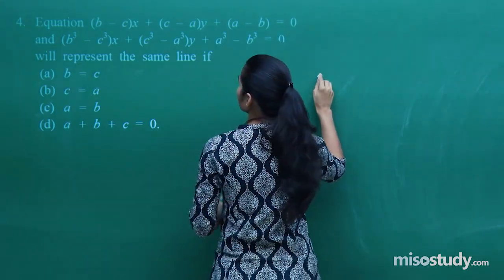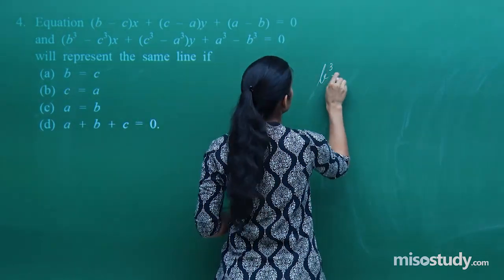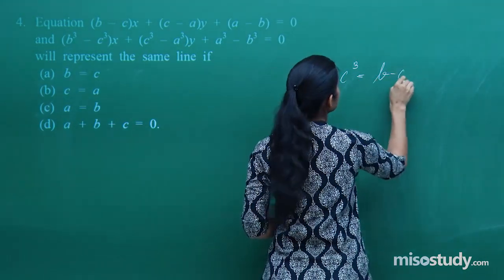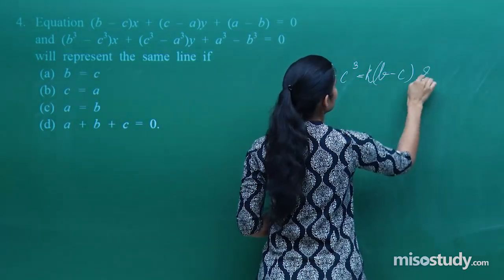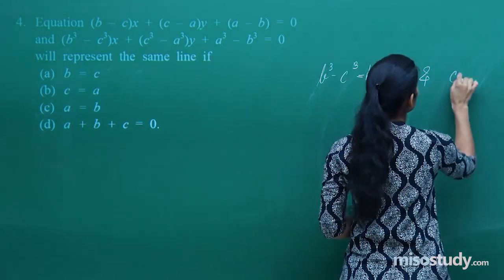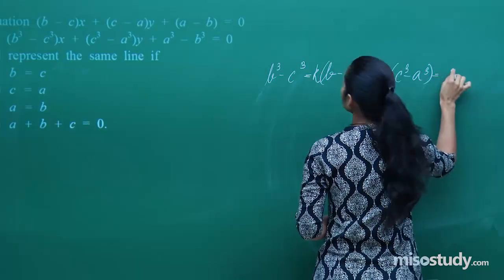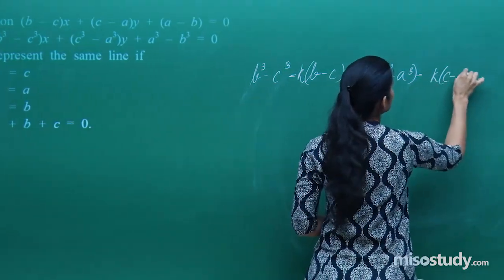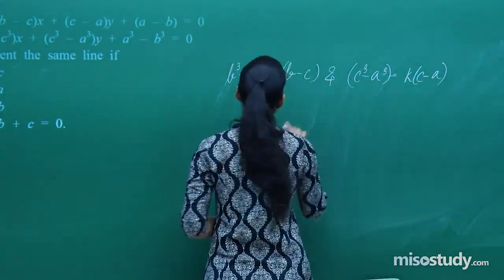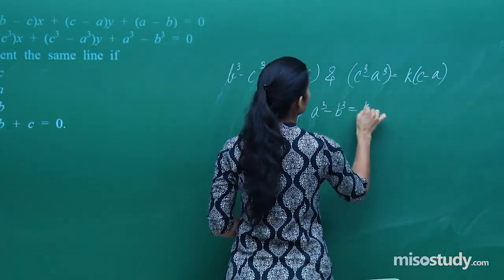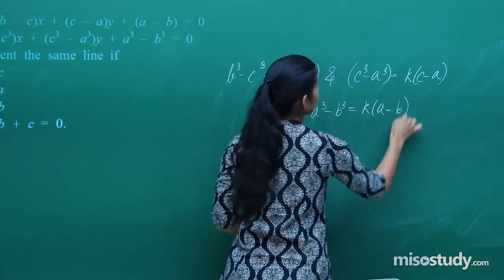What is that? b cube minus c cube should be equal to b minus c k times, and c cube minus a cube should also be proportional with the same constant to the other coefficient of y, and a cube minus b cube should be equal to k times a minus b.